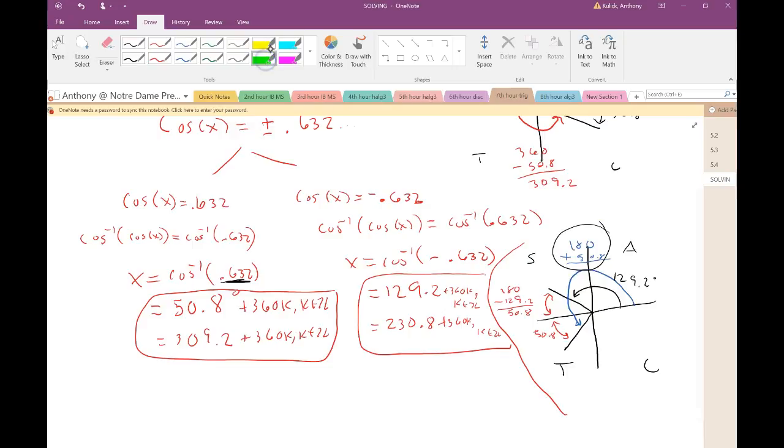So if you look at the angle that I've drawn, I've gone 180 to here, and then 50.8 more. Whenever we draw our angles, we always start from the positive part of the x-axis. Again, remember when we drew our angles, that was called the initial side, right?